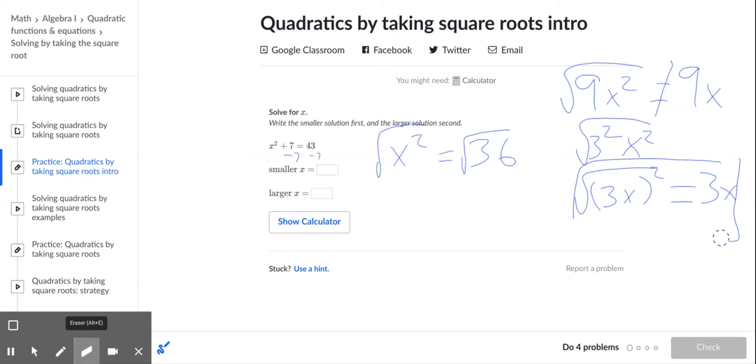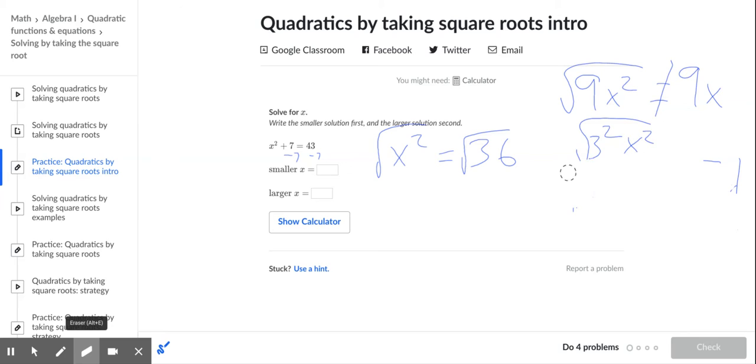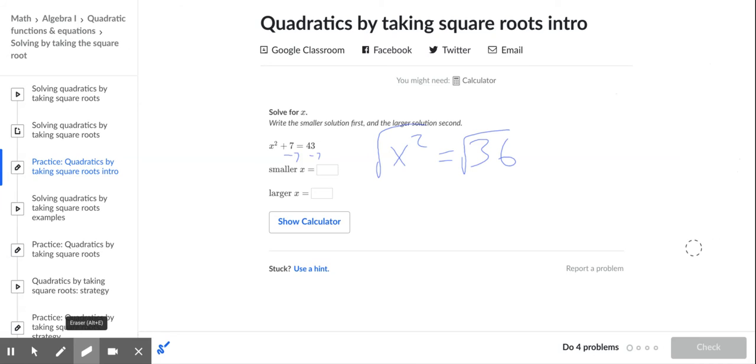All right, so let's go back to the actual problem that we're doing. So we do have a situation like that: the only thing over here is what is being squared. So I can take the square root of both sides. On this side, I'm just going to get x.